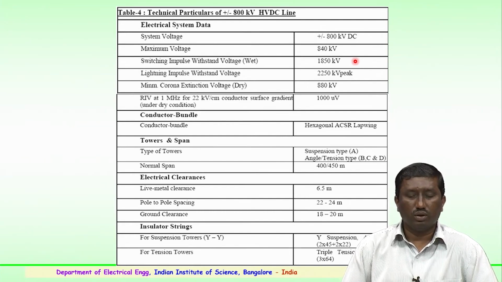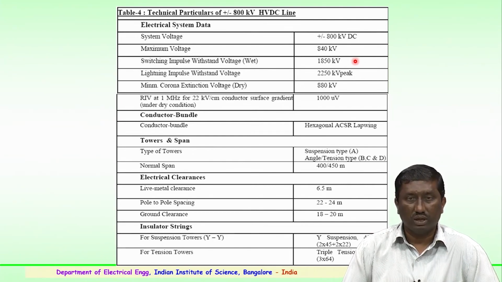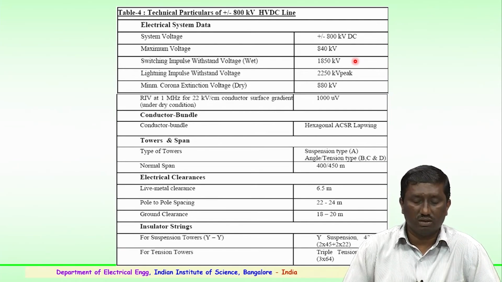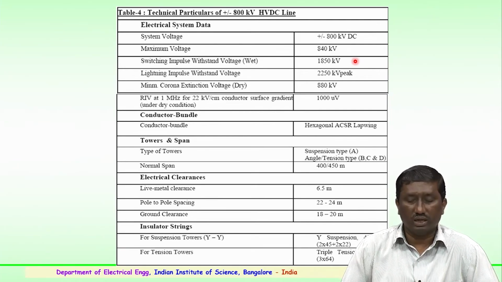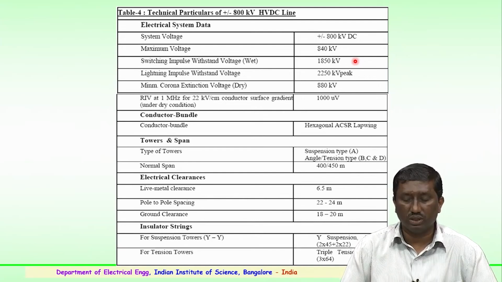The minimum corona extinction voltage should not be less than 880 kilovolts for 800 kV transmission, and RIV at 1 megahertz for 22 kV per centimeter conductor surface gradient under dry condition should not exceed 1000 microvolts.